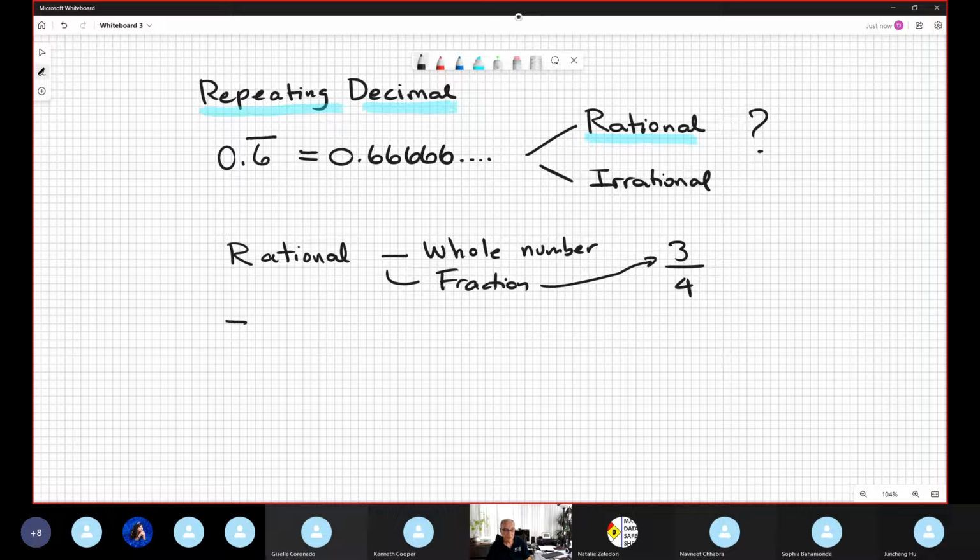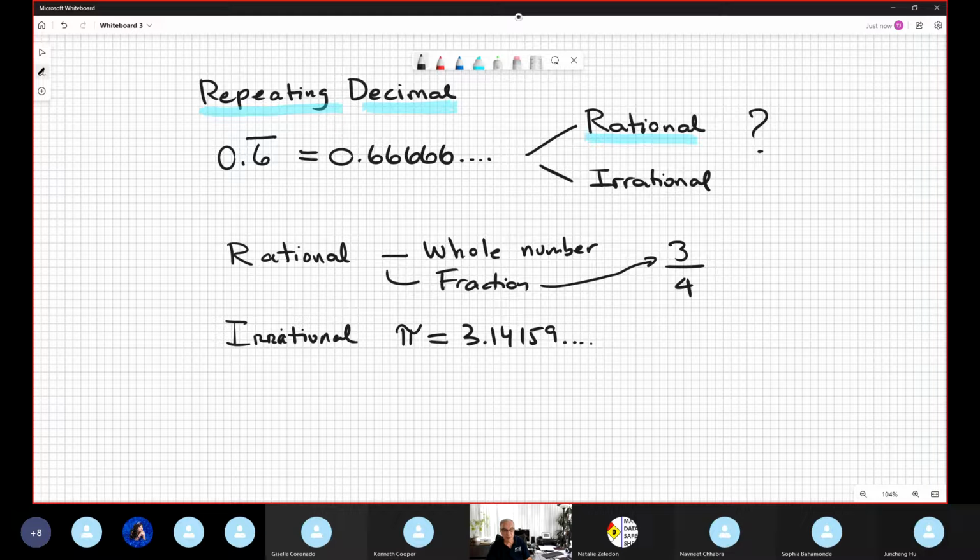And irrational is a decimal that has infinity decimal places. One classical example is pi. It's 3.14, 15, 9. I don't remember any other digit, but it's infinity.